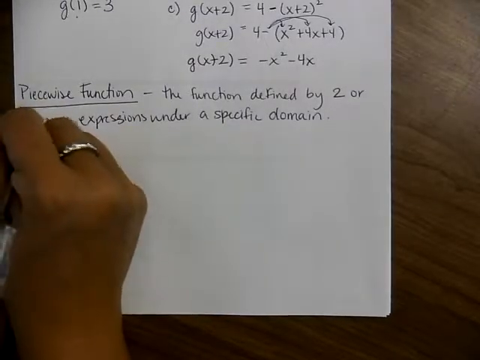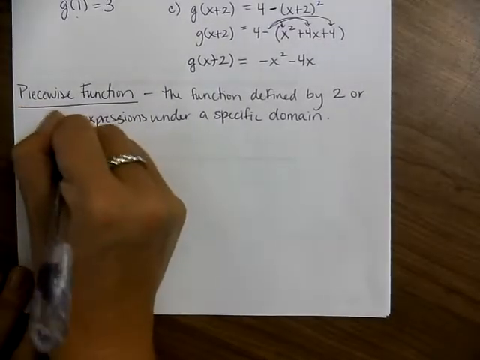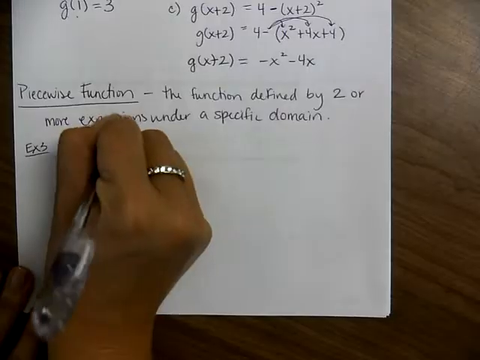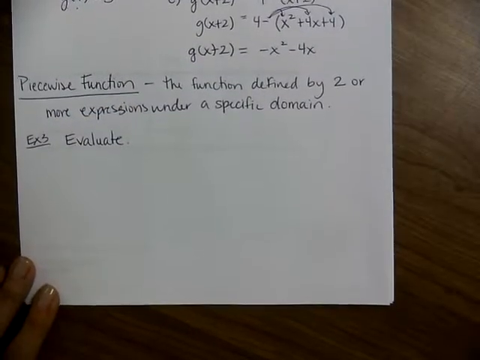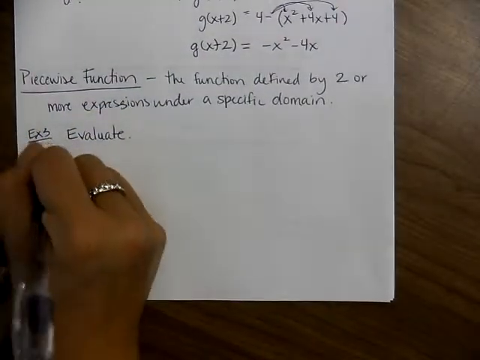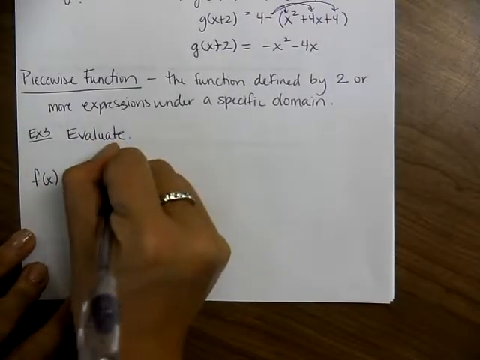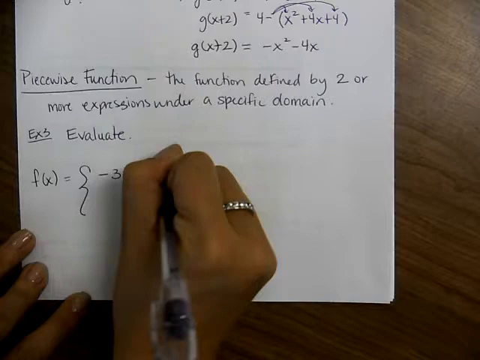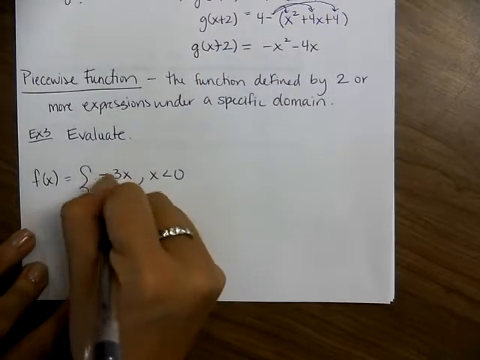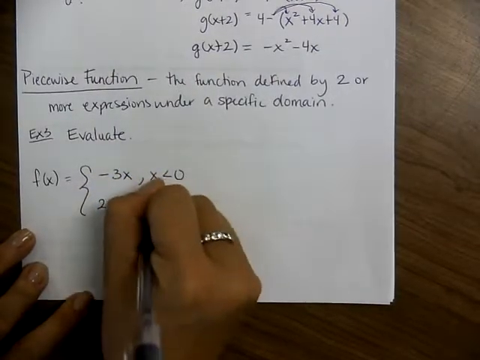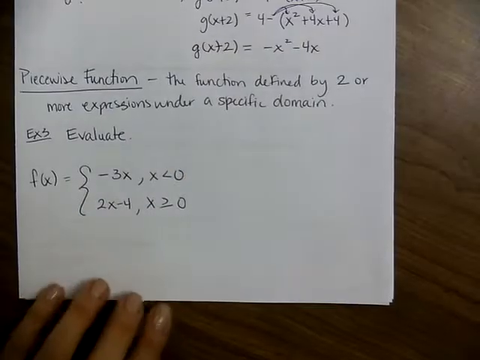Okay, so we'll call this example 3. We're still going to evaluate. This time, f of x is going to equal negative 3x, where x is less than 0, and 2x minus 4, where x is greater than or equal to 0.